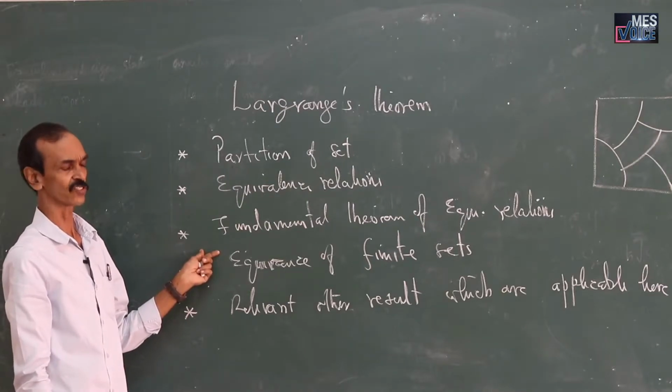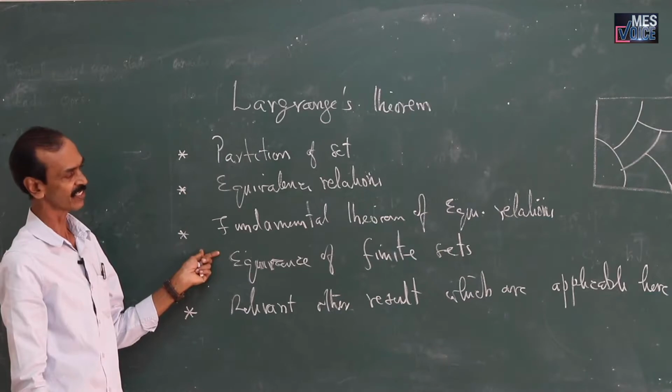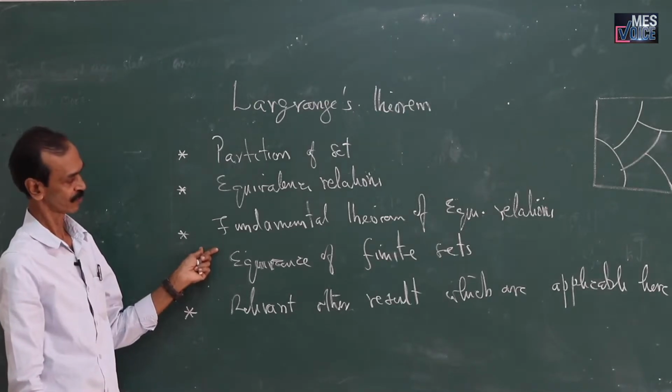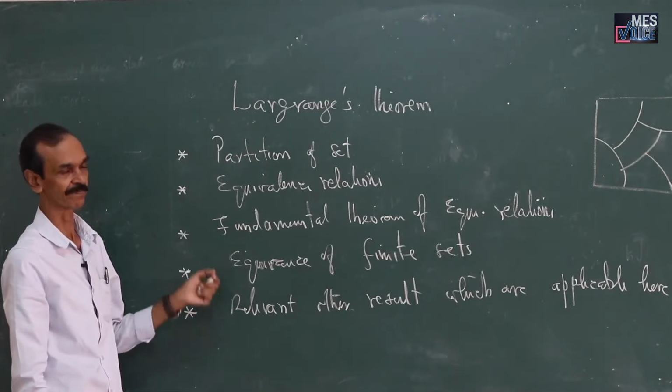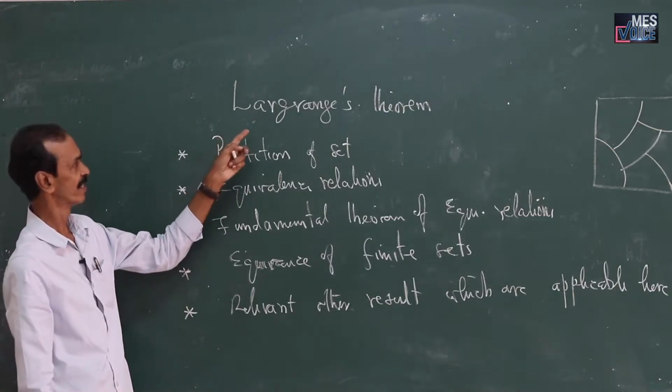On the other hand, that is conversely, every partition of A describes an equivalence relation on the set. So, that is a very powerful theorem in algebra and that is useful in our context of discussion of Lagrange's theorem.